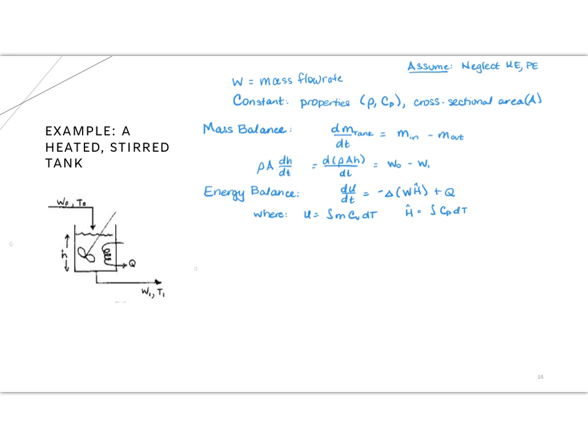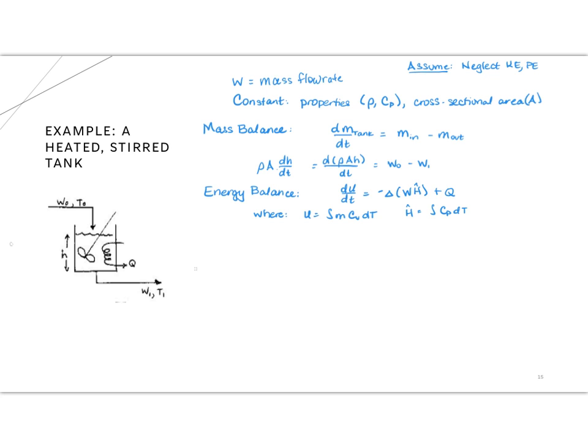If I combine these things, then my energy balance becomes, for the change in U, I need the mass, so rho A H. Rho and A are constant, so they're out of the derivative, H is inside. And for the specific U, it's Cv dT. And if I assume constant Cp, then I'm also assuming constant Cv. So I end up with rho A Cv outside, derivative of H times T with respect to time. And then my flow in is W naught.